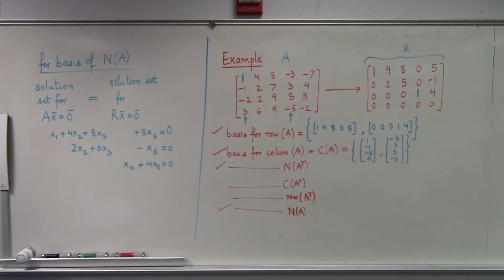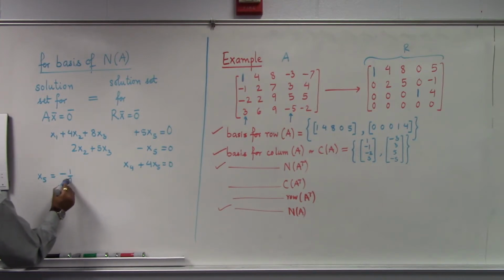So everything has to be expressed in terms of the pivot variables. So for example, we can say x5 is minus 1 over 4 x4.